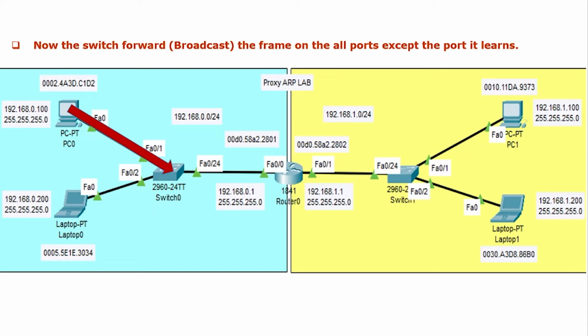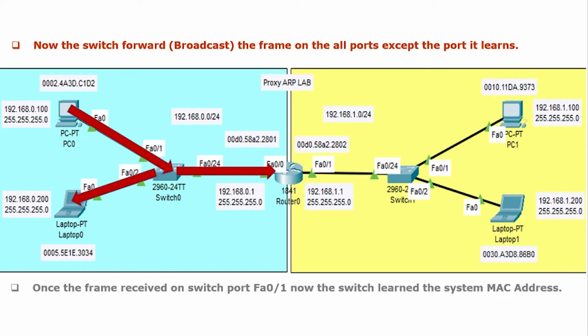Once the broadcast is completed, the MAC address will be learned by the switch, then it will form unicast communication. Once a frame is received on the port FastEthernet 0/1, the switch will learn the system's MAC address. The switch only maintains the MAC table to forward the frame based on the layer 2 address.